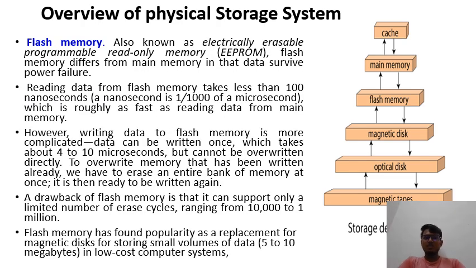Flash memory, also known as electrically erasable programmable read-only memory. Flash memory differs from main memory in that the data survive power failure. Reading data from flash memory takes less than 100 nanoseconds, which is roughly as fast as reading data from main memory.